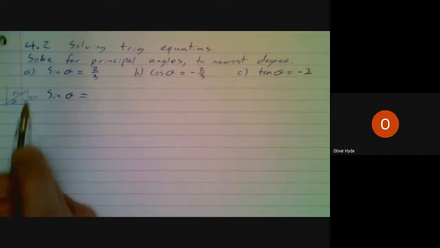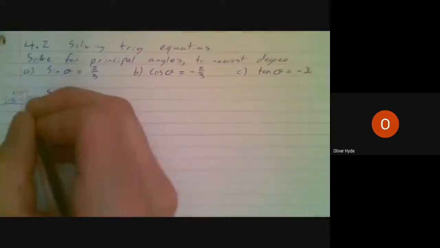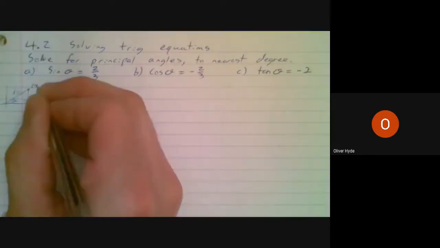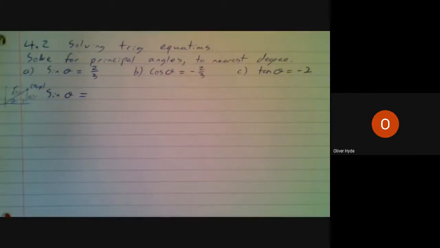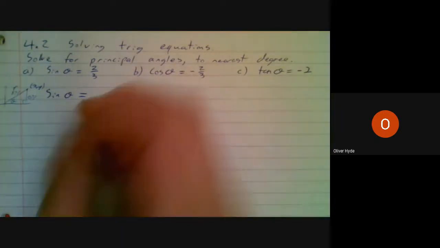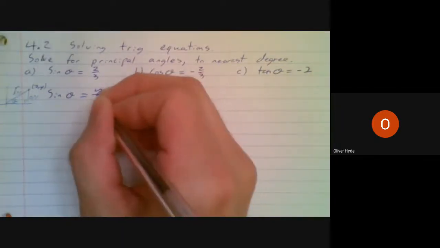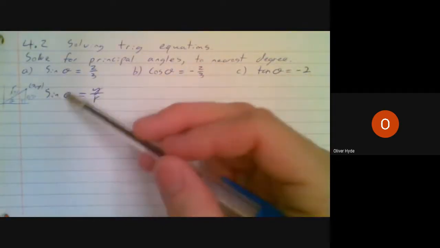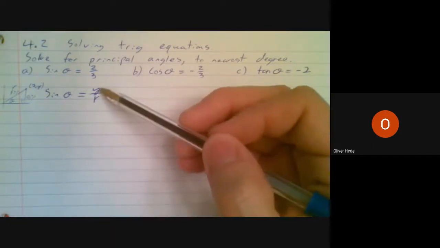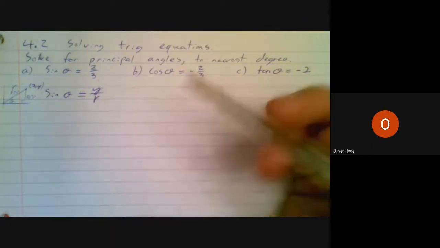That doesn't work so great if we're outside of the first quadrant, so let's translate that to an x, y, r definition, and I see that the sine of theta is going to be the ratio of y to r. You may be memorizing that now instead of SOHCAHTOA. That's okay. Does this mean that I know that y is 2? Of course not, because this is a sine ratio. I know that the ratio of the y value to the r value will be 2/3.